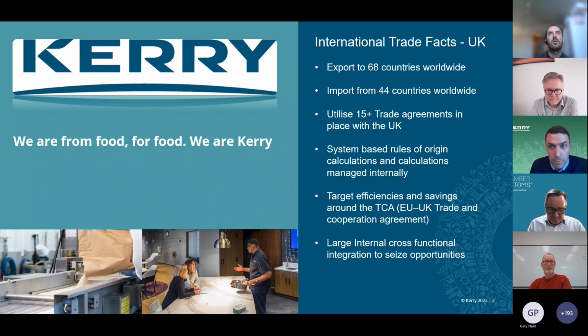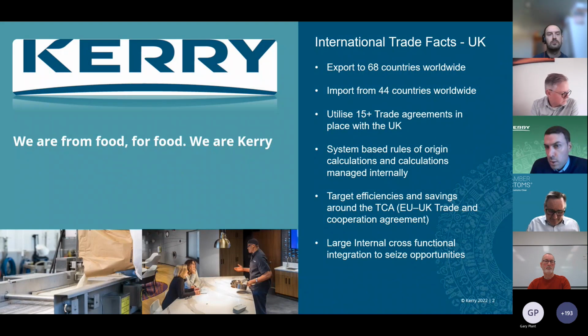Within Kerry, we have an established international trade function. Some key facts, really focusing on the UK, because we have a production footprint within the UK. We export product to about 68 countries worldwide. We import raw materials and finished goods from 44 countries worldwide.